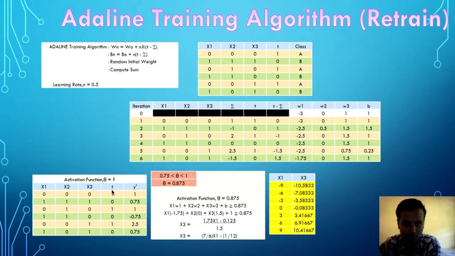So the T1 represents that the summation of this will be equal or higher than the activation function. If it is 0, it will be lower than the value of the activation function. To get the next y prime, it follows the same step as I have said before.